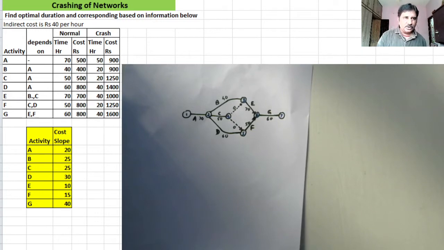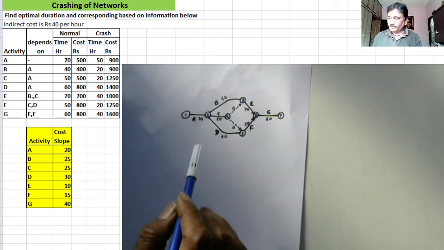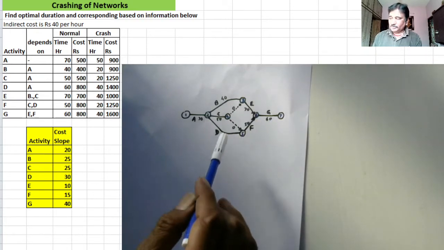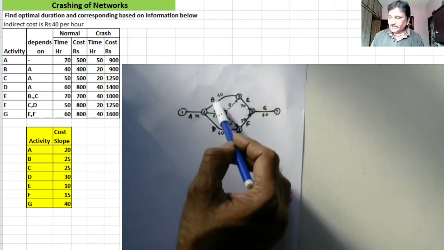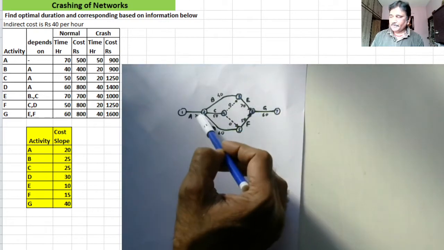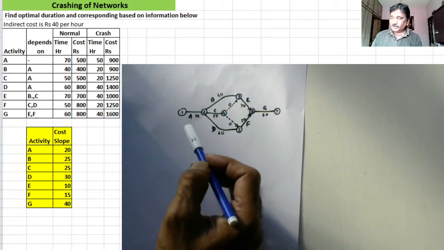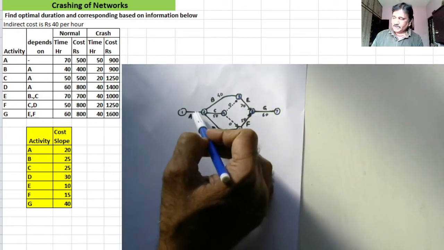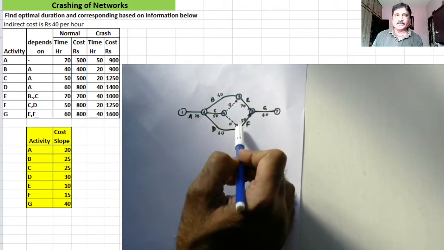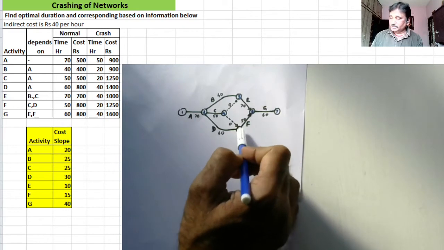precisely if you want to draw activity F, which depends on C and D. Activity D I have drawn, but now for drawing activity F, I have to create the intersection of C and D only. Now, if I had drawn activity C directly like this without any slack in between, I would have to draw a dummy activity from this intersection of B and C to join to this node.